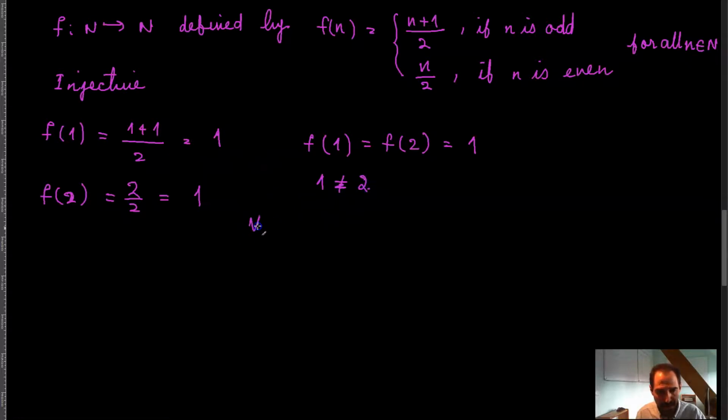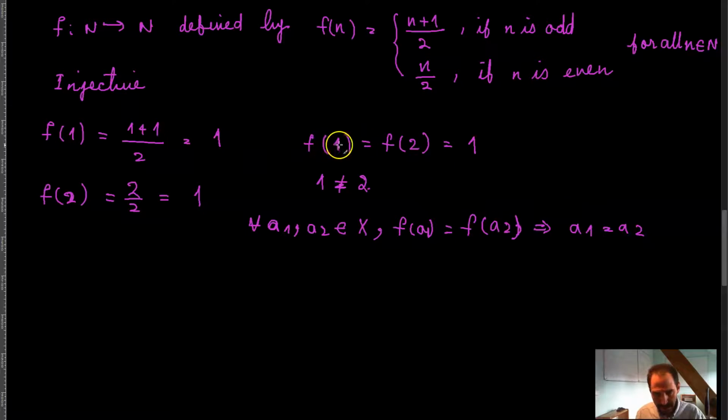And we said that for every a1 and a2 belonging to the domain of the function, if f of a1 is equal to f of a2, then that should imply that a1 is equal to a2.